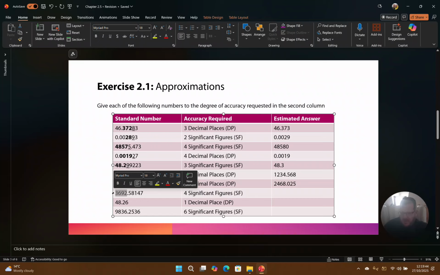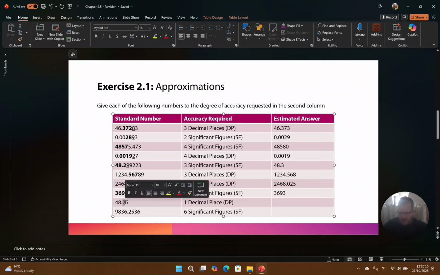This one's just going to be a unit, so essentially in this case we're rounding to the nearest 1. And because that 5 is equal to 5, we round it up to 2.